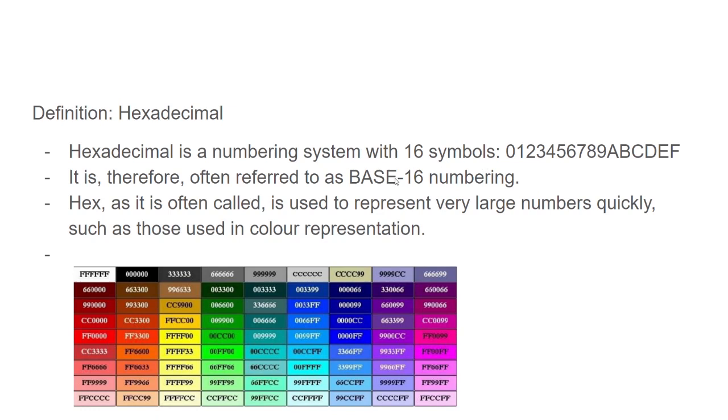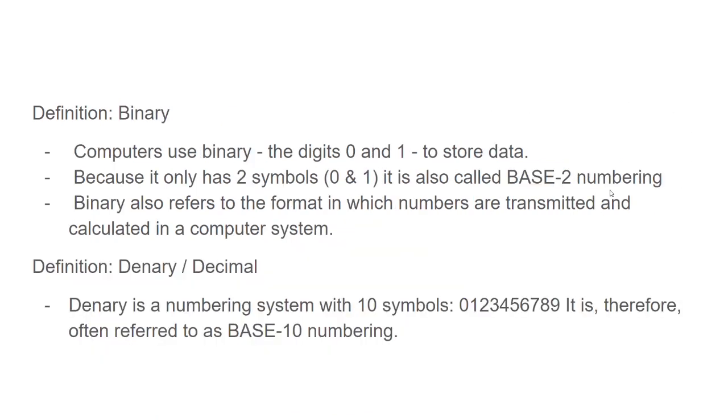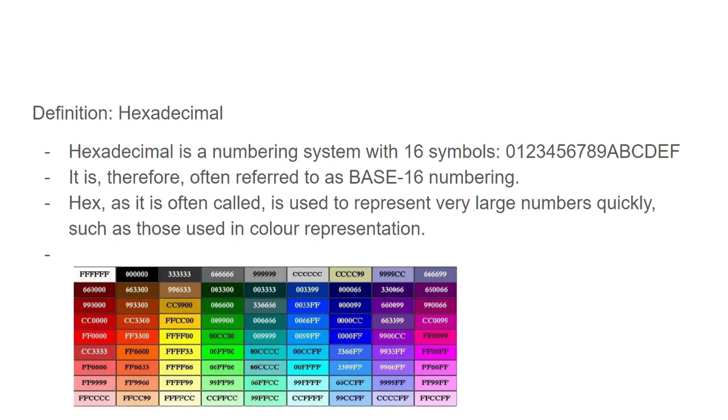So there will be 16 symbols, 0 to 9, and then we have A, B, C, D, E, and F. So there is a total of 16 symbols. In binary there is 2, in decimal there is 10, and in hexadecimal there is 16.